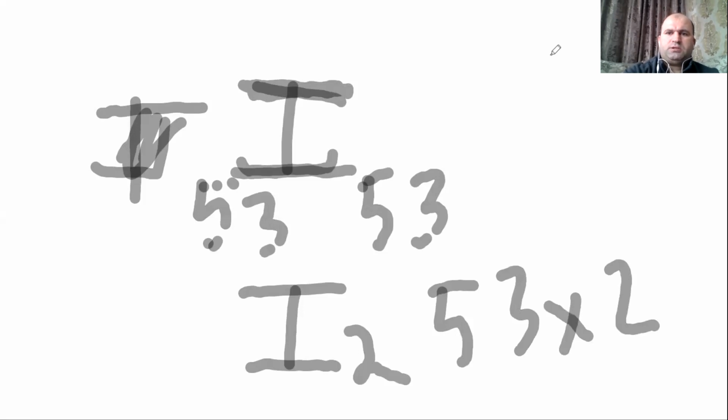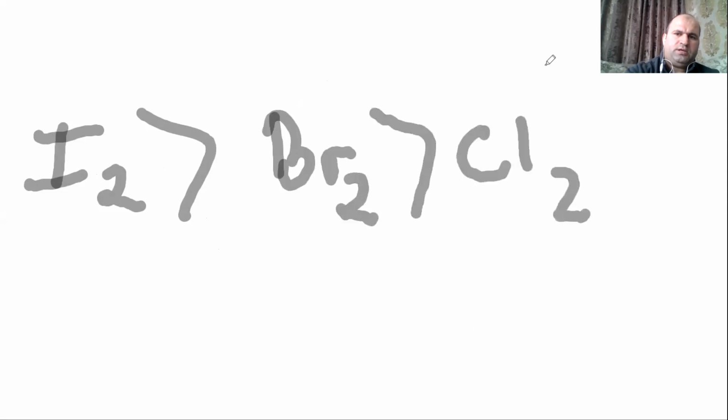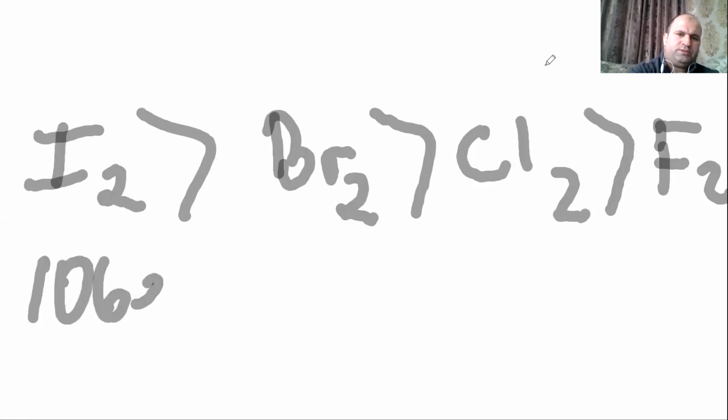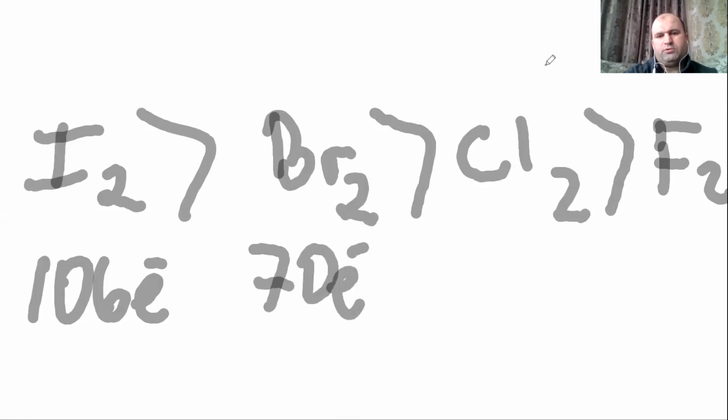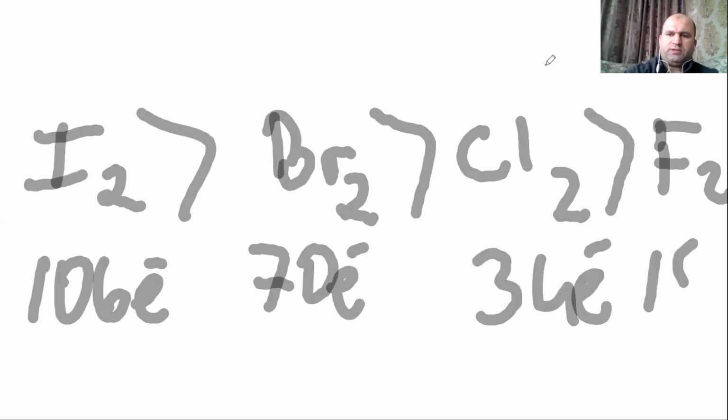Let's rewrite them: I2, Br2, Cl2, F2. In one I2 molecule you have 106 electrons. In one Br2 molecule you have 70 electrons. In one Cl2 molecule you have 34 electrons. And in one F2 you have 18 electrons.